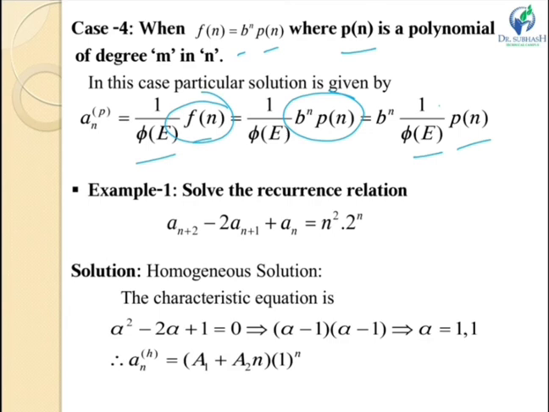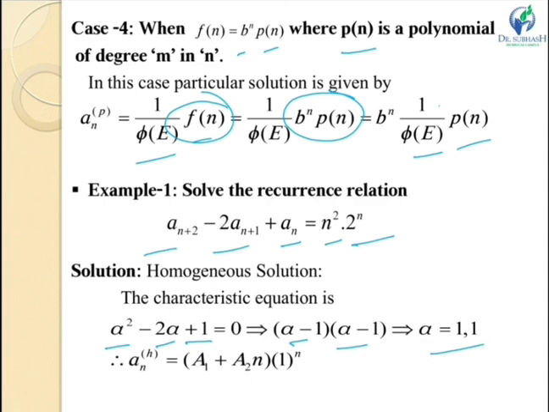Solve the recurrence relation an plus 2 minus 2an plus 1 plus an equal to n square into 2 raised to n. Here the order of the equation is 2. So characteristic equation will be alpha square minus 2 alpha plus 1 equal to 0. By splitting the middle term, we get alpha minus 1 into alpha minus 1, which implies alpha equal to 1, 1.